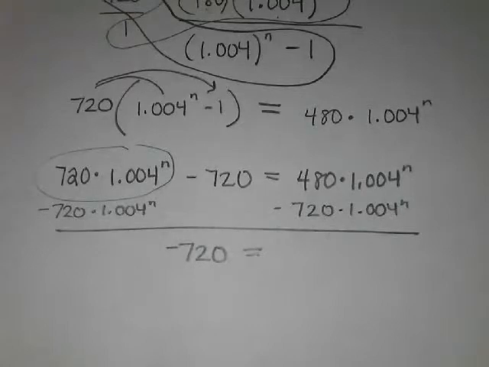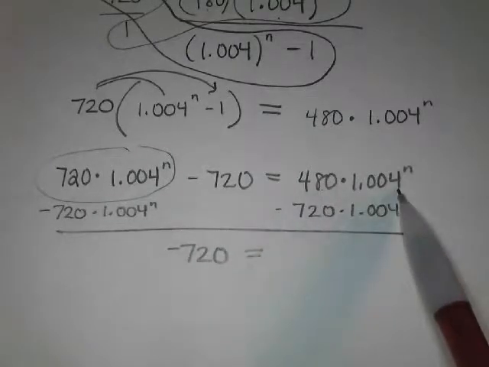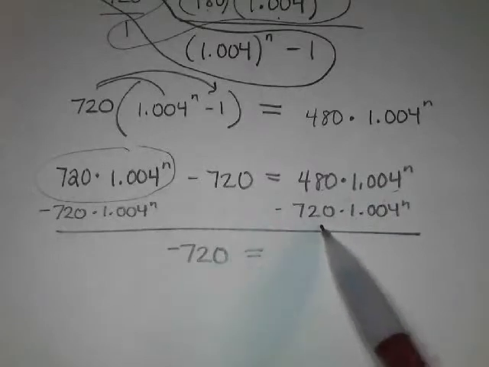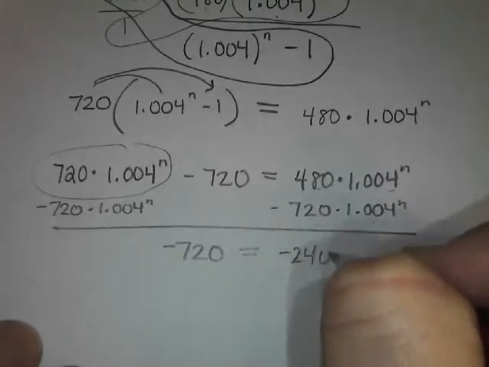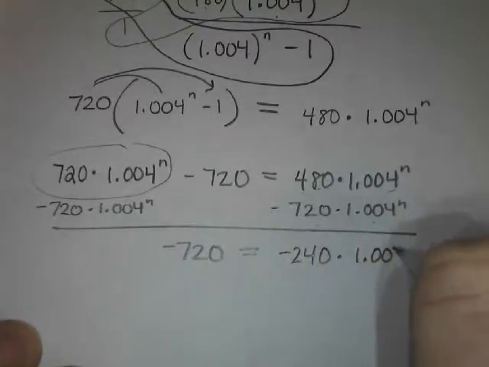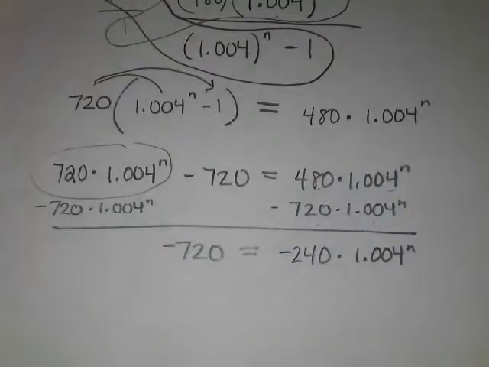And the beauty is, on the right-hand side, those are like terms. I have 480 of these ugly things minus 720 of these ugly things. So 480 minus 720 is negative 240 of these 1.004 to the nth power. But do you see how that was combinable? If they weren't the same base, we have no idea how to do that, so forget about it. But because they're the same base, I can eventually combine them.